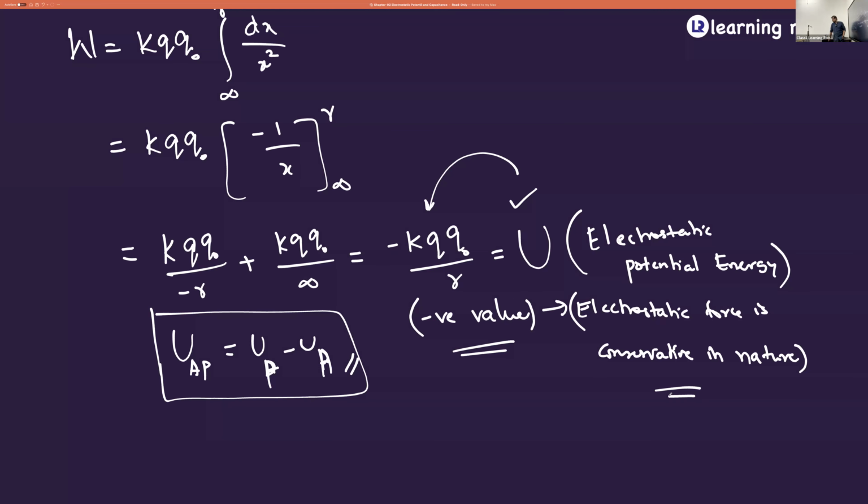So the meaning of conservative forces: the amount of work done between any 2 points is path independent. Means if you have 2 points, and you are moving an object from A to B, you move it like this, you move it like this, or you move it in this way. The amount of work done when you move the particle from A to B is path independent. It is going to be of the same value.